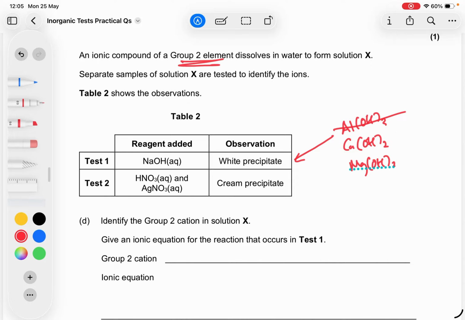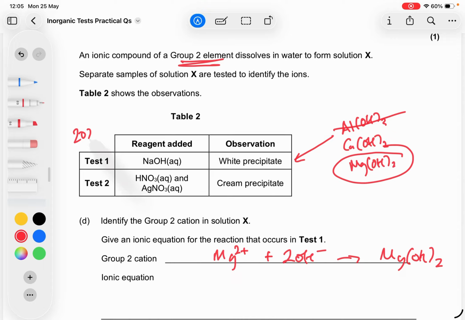And the reason we will say it's magnesium hydroxide, because as you know, group 2 solubility of hydroxides increases down the group, which means magnesium hydroxide is the most insoluble.